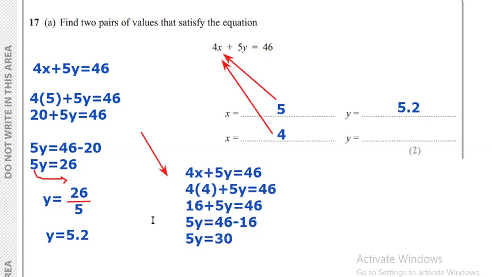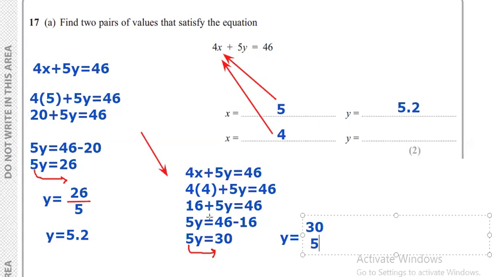Now, to find the value of y, because the 5 is multiplied, I'm going to take it to the other side by dividing. This means that y will equal 30 divided by 5.